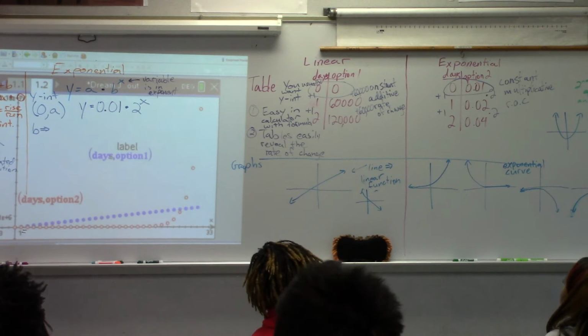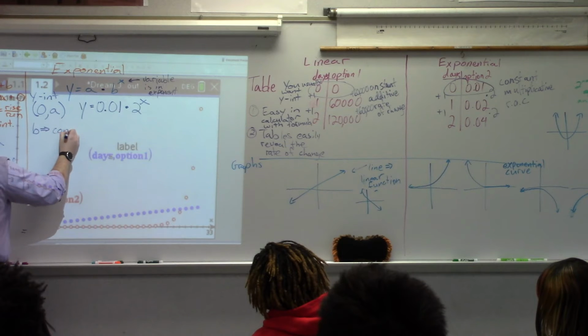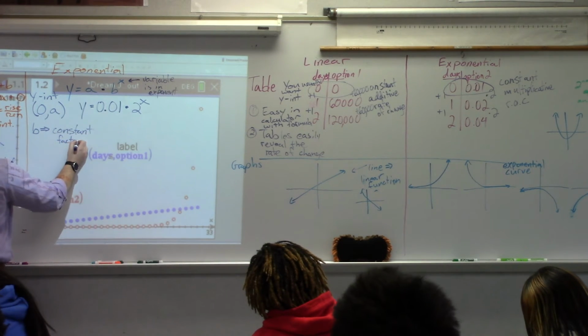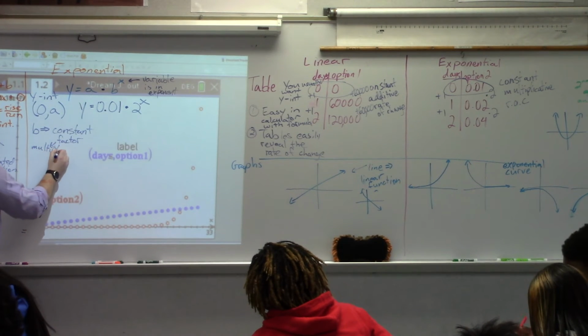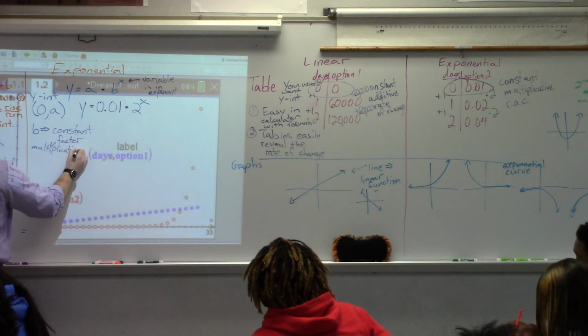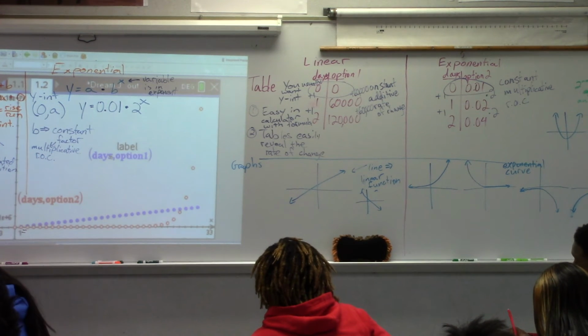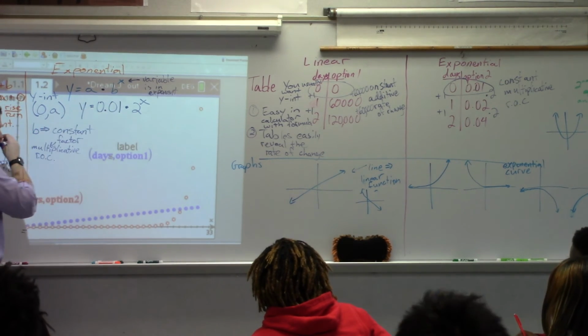So we call this multiplicative rate of change a constant factor. Right? That's the multiplicative rate of change. Again, I just said 2 because it was multiplying by 2 each time. So we're repeatedly multiplying by 2. We started at 0.01, repeatedly multiplied by 2, x number of times.